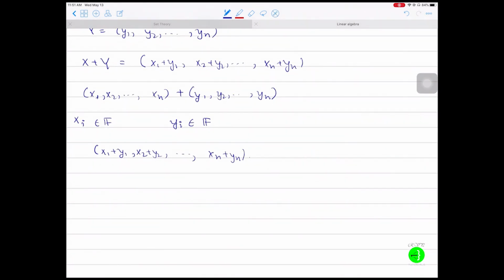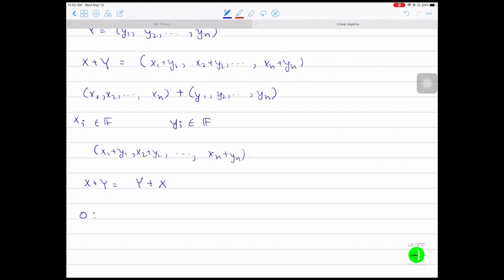And looking at the definition, it means that x plus y is commutative, which means x plus y equals y plus x. Again, the proof is pretty trivial. Since each element is in F and the property of commutativity exists in F, it also exists in Fn. You can easily prove this.